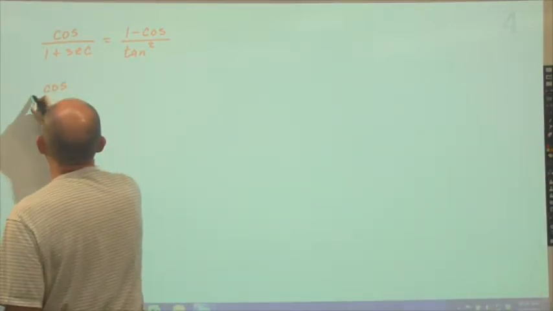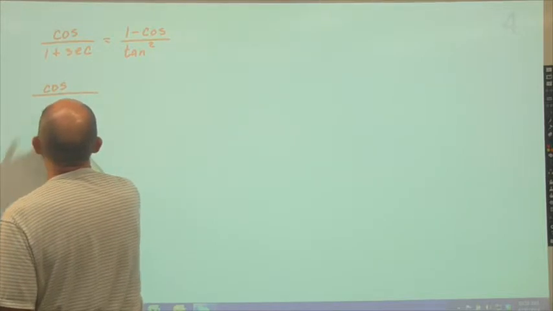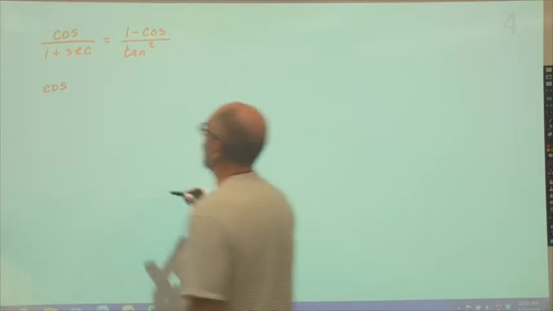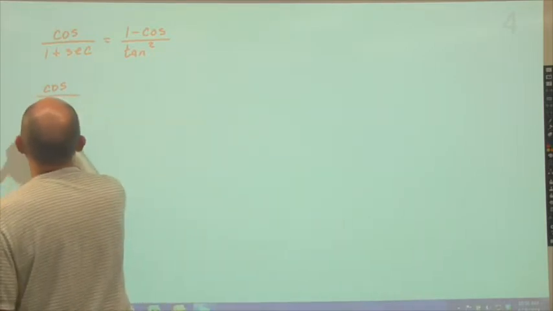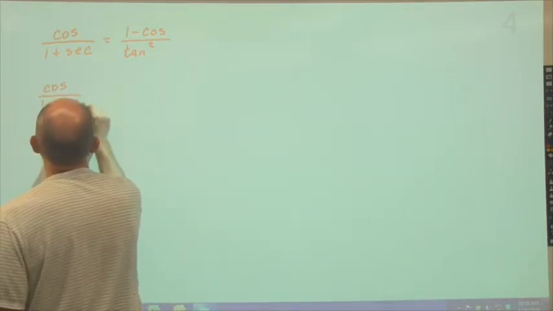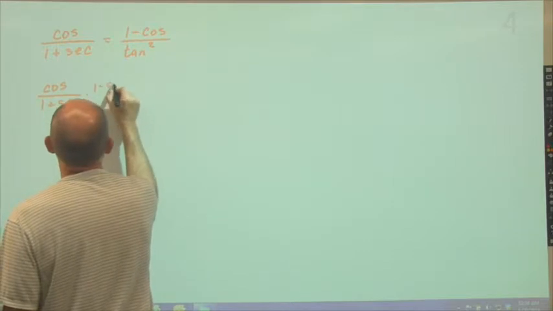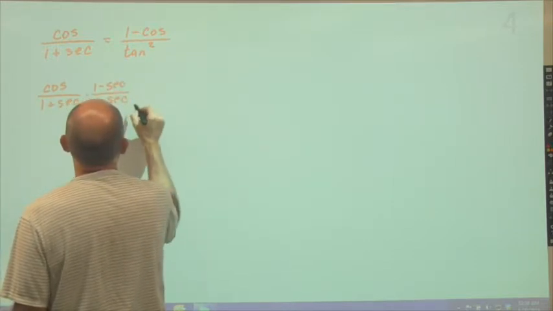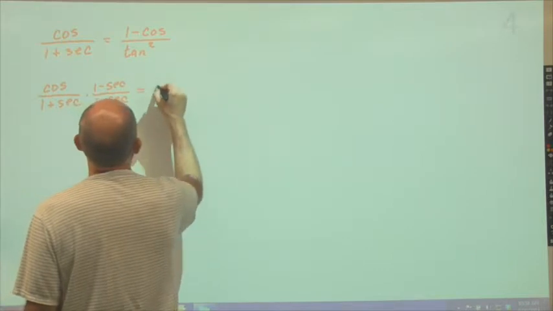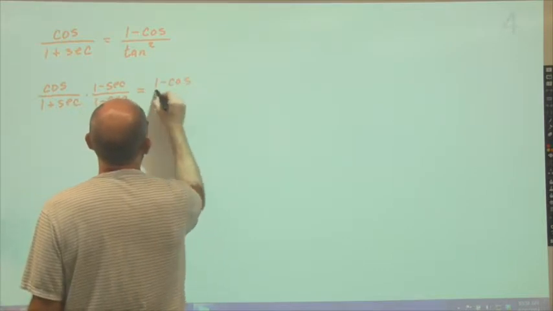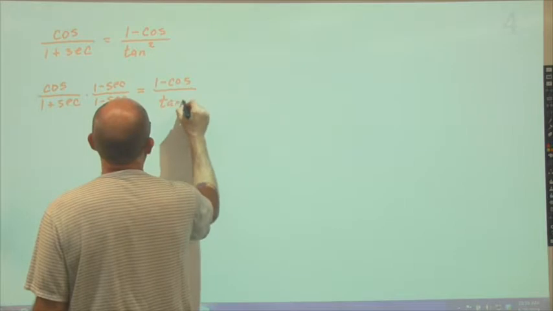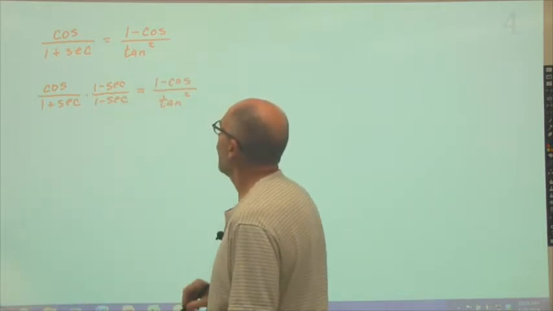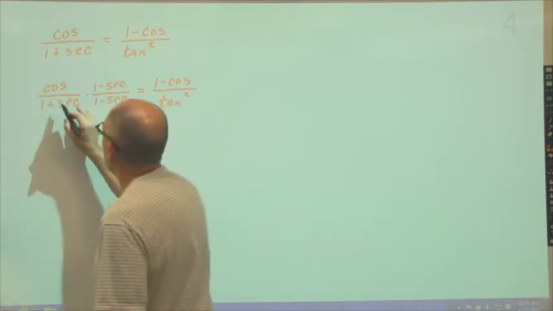Cosine over 1 plus secant times 1 minus secant over 1 minus secant. And I'm not touching the right side. Okay, so now I multiply by the conjugate.